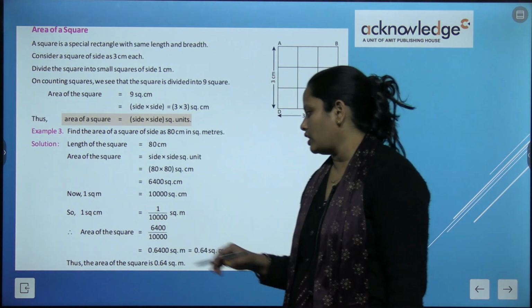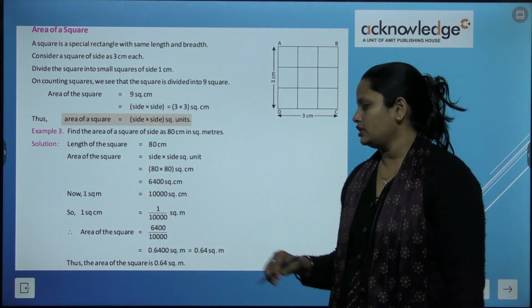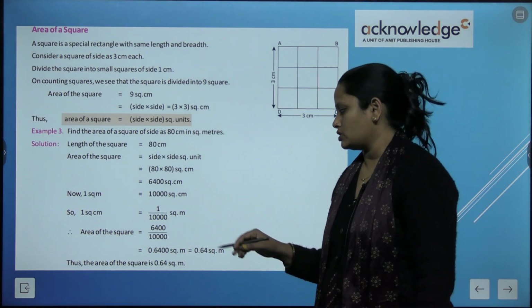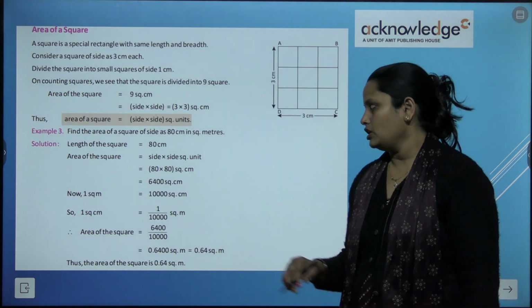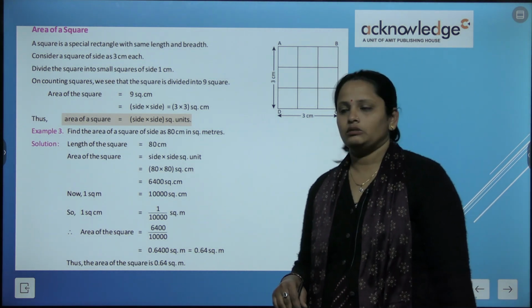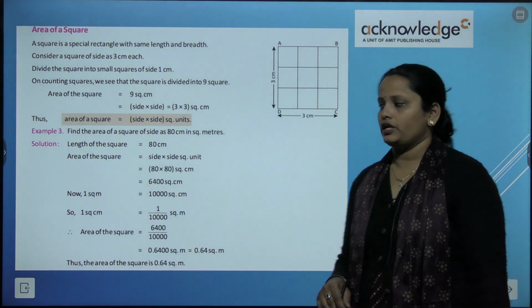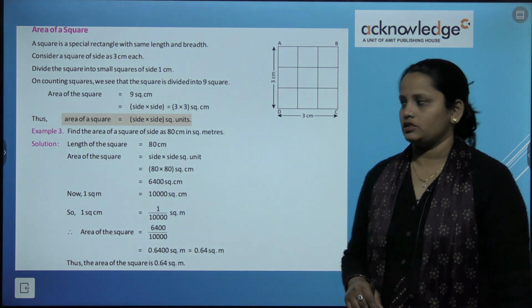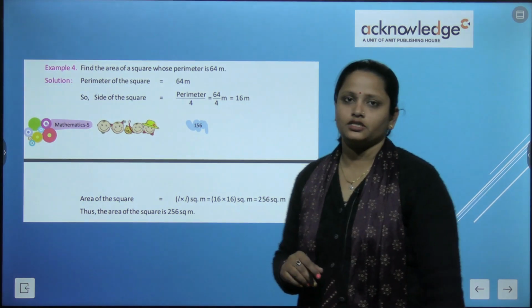Now the area of square will be written as 6400 upon 10,000. Now the answer will be 0.64 square meter. We have converted this into meter. Thus the area of square is 0.64 square meter.